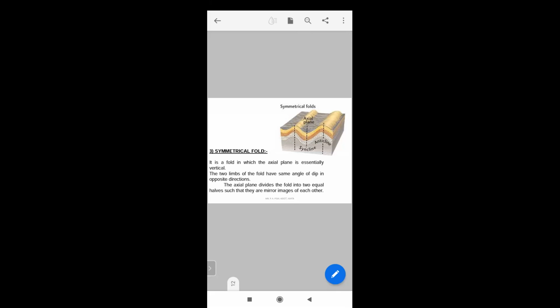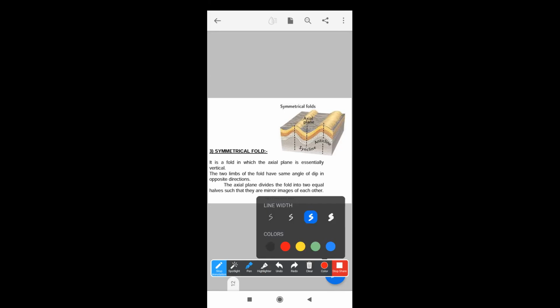या ठिकाणी दोन, here two things are very important: opposite direction and same angle of the dip. Means when you look here, just a minute, I have to activate. Now when you look here, suppose this is the fold.